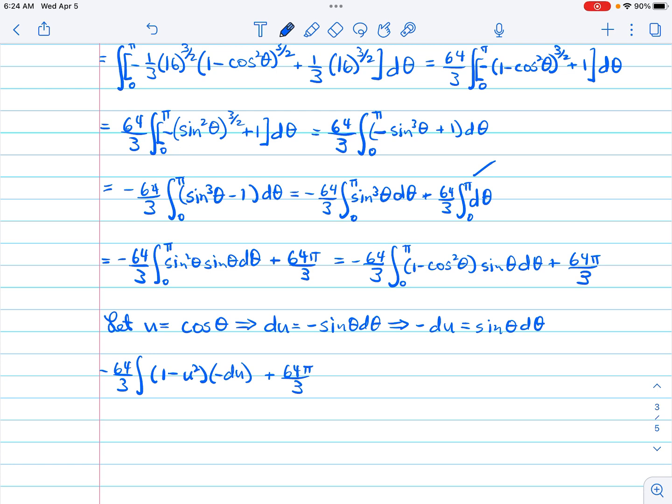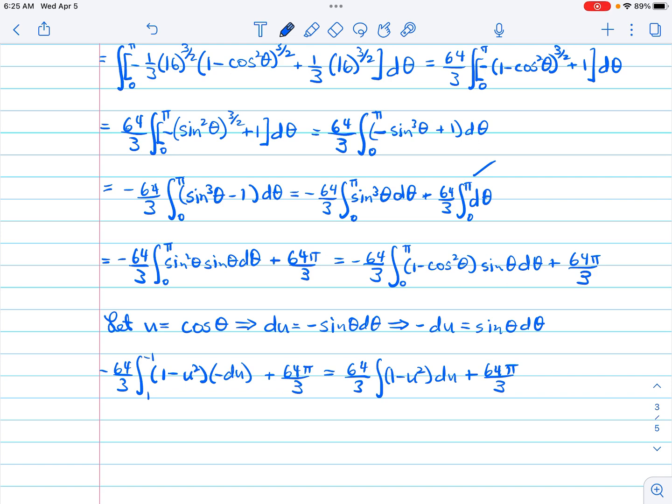Okay. Now let's see what this looks like. Let me factor out the negative. I got 64 thirds, I've got 1 minus u squared du plus 64 pi over 3. Now my bounds of integration, notice I let u be cosine. So cosine of 0 is 1, and cosine of pi is negative 1.